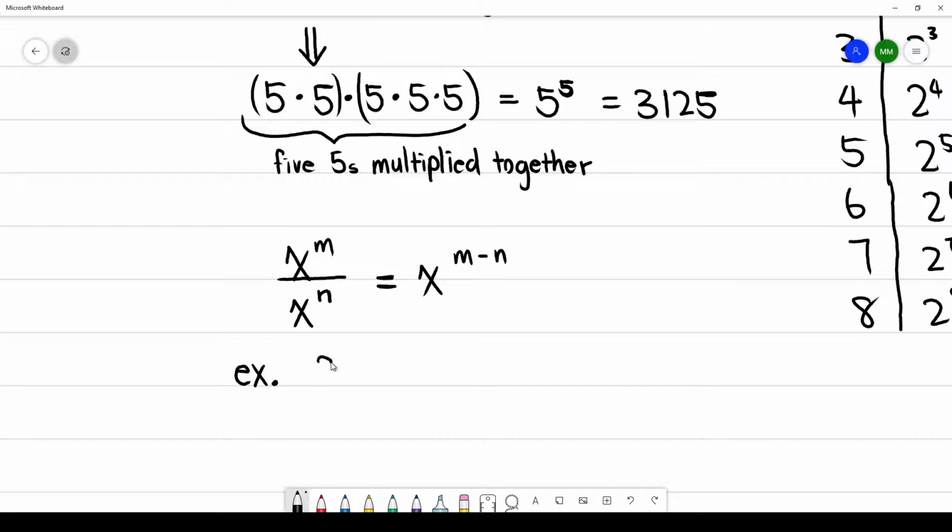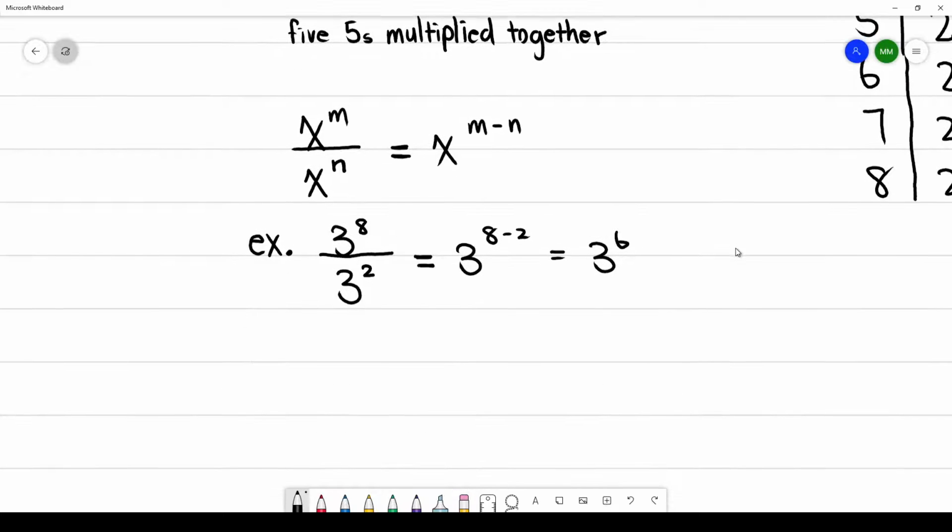Let's say 3 to the 8 divided by 3 to the 2. If we use the property up here, that is equal to 3 to the 8 minus 2, and that is simply 3 to the 6.